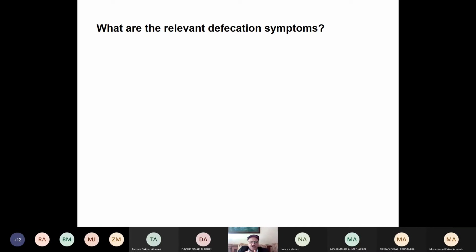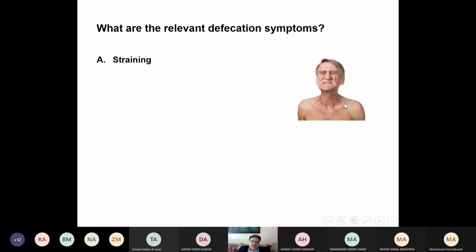What else can go wrong during defecation? Straining, yes. What else? So number one is straining.